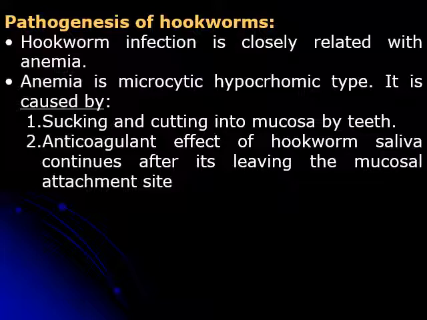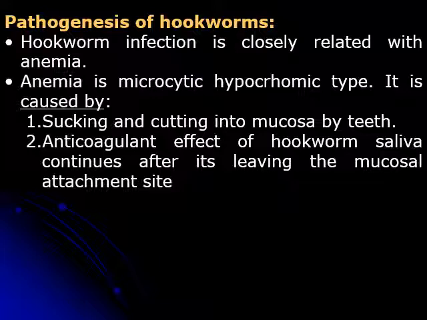The adult Ankylostoma sucks a part of the mucosa inside its buccal capsule. This part of the mucosa, when it comes in contact with the adult worm, and the cutting effect and the saliva which is secreted with anticoagulant elicits an immune reaction in this part.